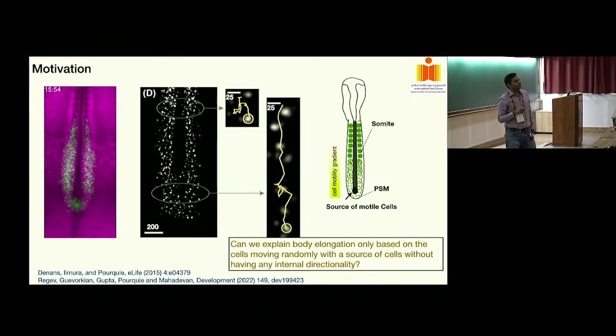I had a question. Is a cell coming from somewhere, or are they growing as well? Cells get generated here. Throughout the process, we are not considering any cell division. Cells are not proliferating in this region.